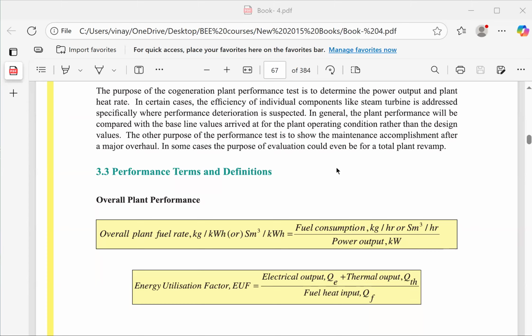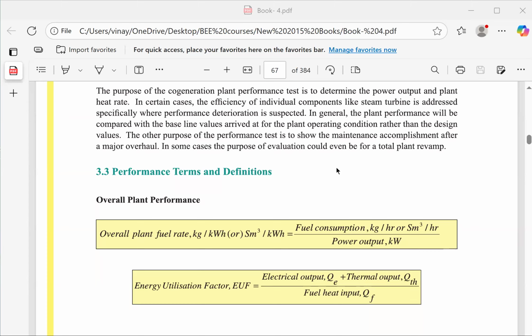Plus the thermal output, normally in the form of steam: kgs or tons of steam generated multiplied by the heat content per kg of steam. You again get kilocalories. You take the ratio, which will give you a percentage, say 50%, 40%, 60%, whatever.